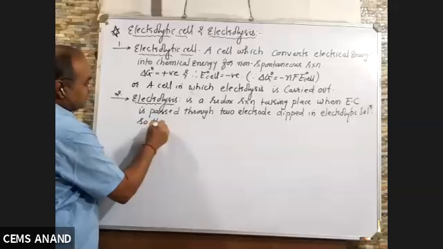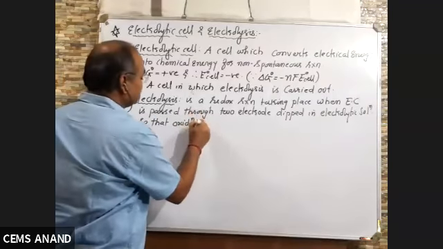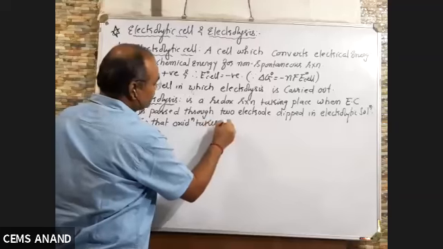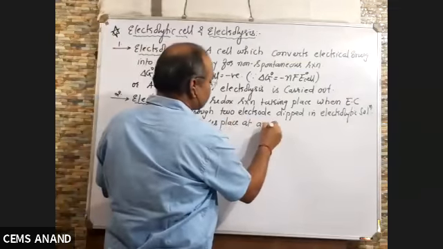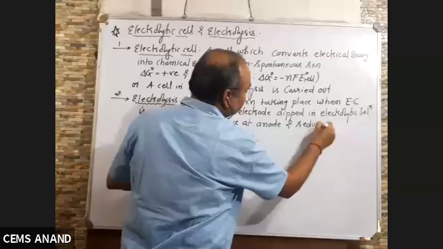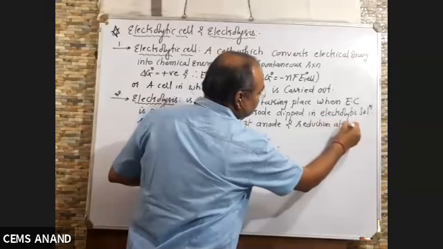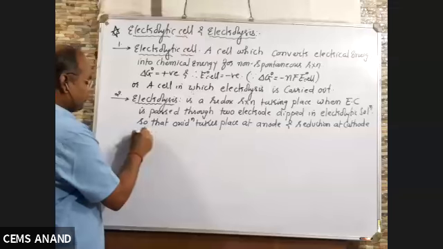that oxidation takes place at anode and reduction at cathode, and produces product.